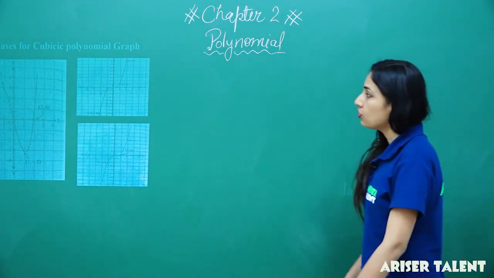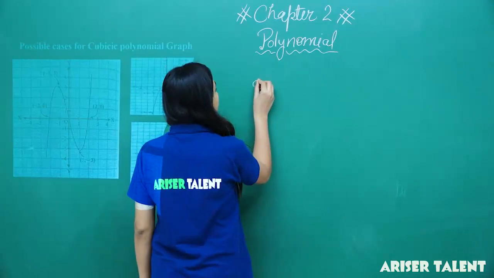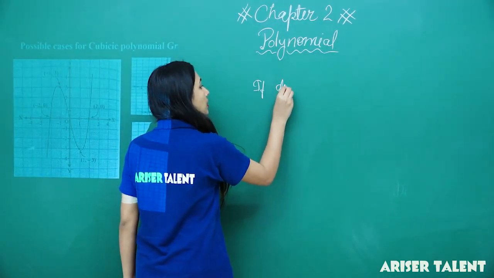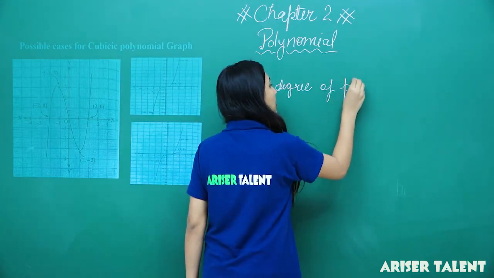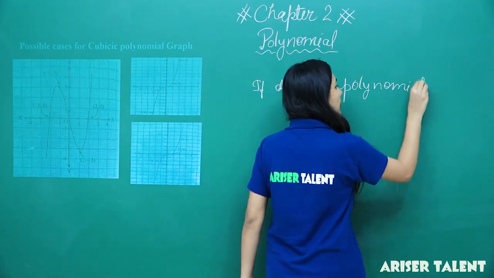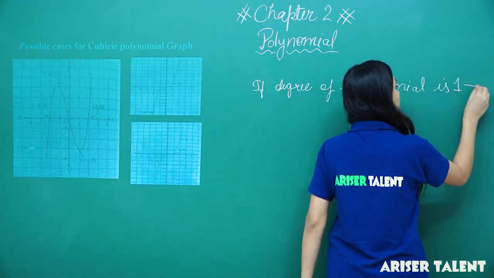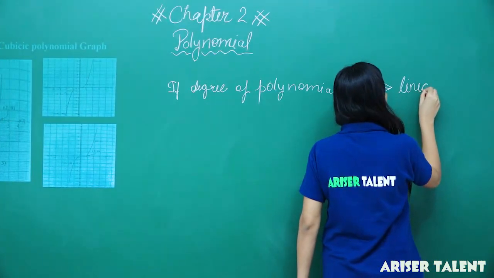Okay students, so we can conclude that if the degree of polynomial is 1, it will be having linear.